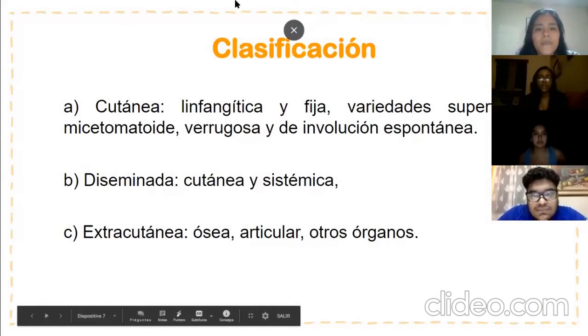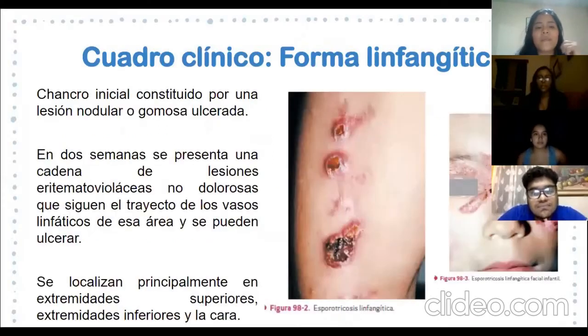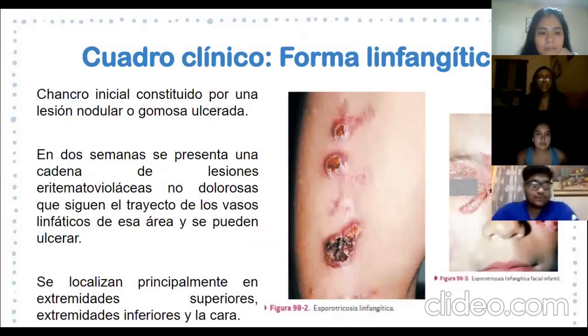The classification is based on whether it is presented as cutaneous, disseminated, or extracutaneous. The clinical characteristics of the lymphatic form are an initial chancre consisting of a nodular or ulcerated lesion.